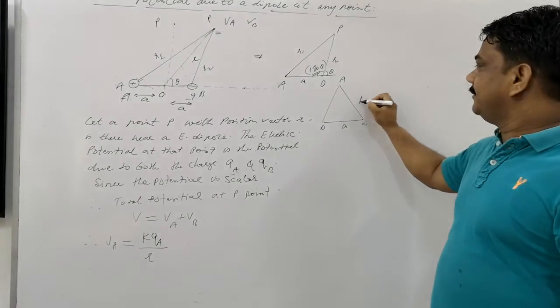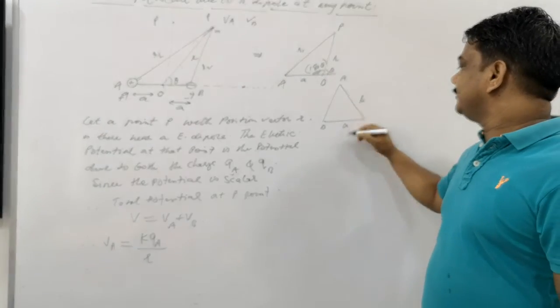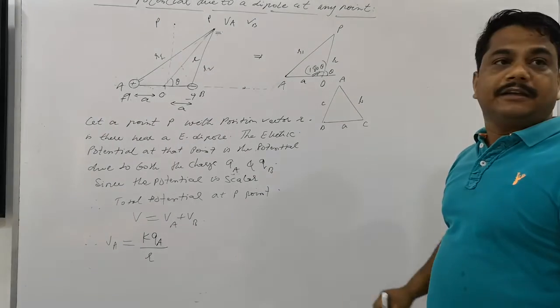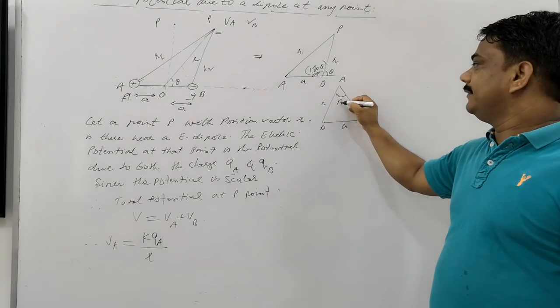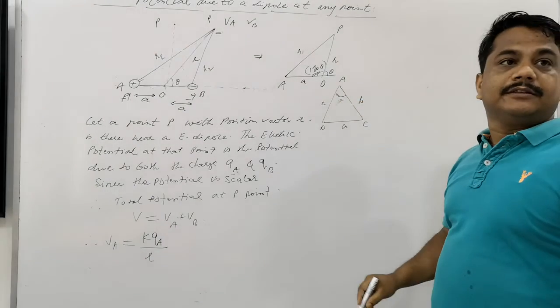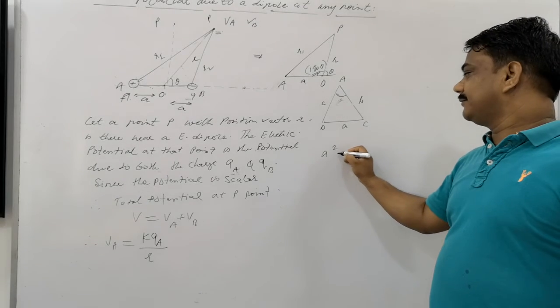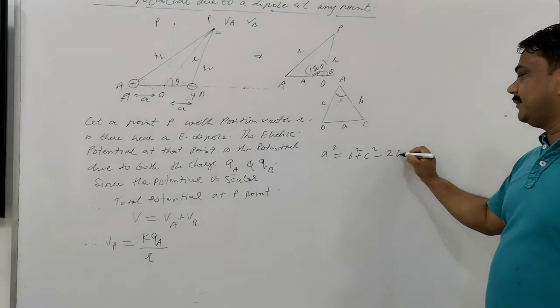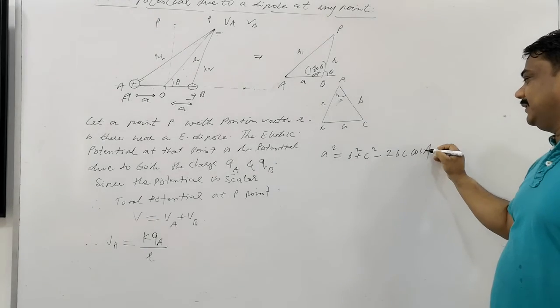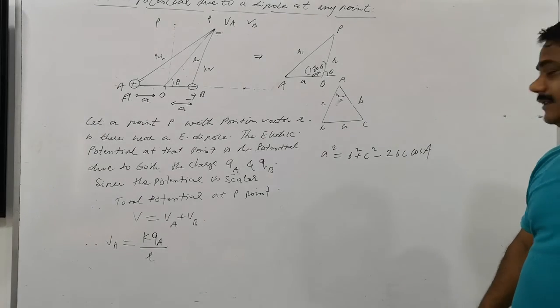The side opposite to B vertex is b. The side opposite to C vertex is c. And what is the relationship between them? If we are talking about angle A, so what shall it be? a square is equal to b square plus c square minus twice bc cos A. Do you remember this? Is that right?